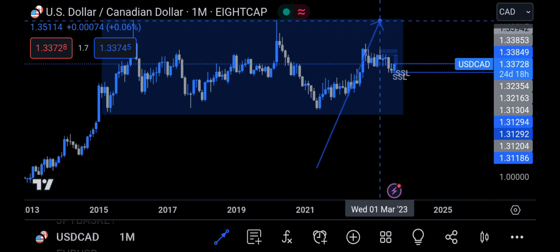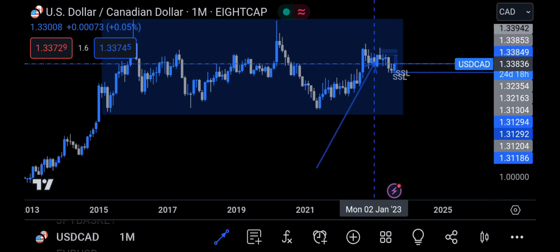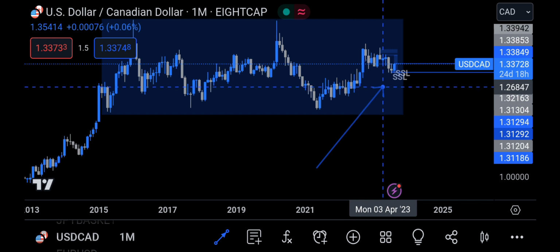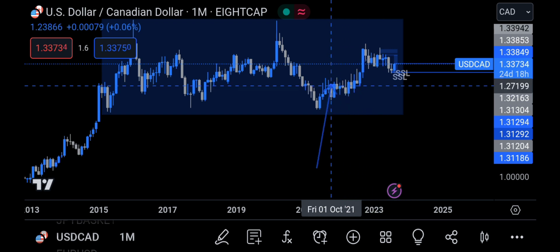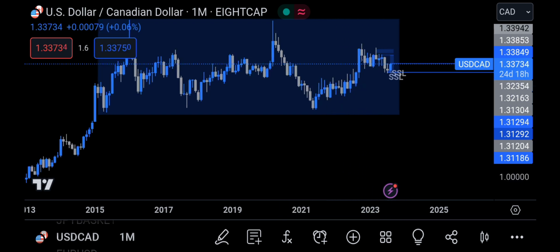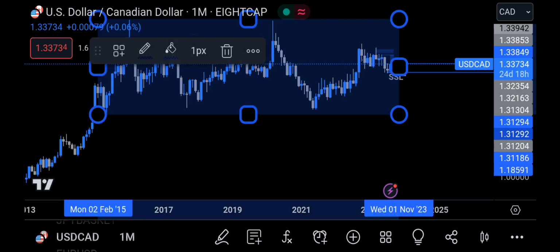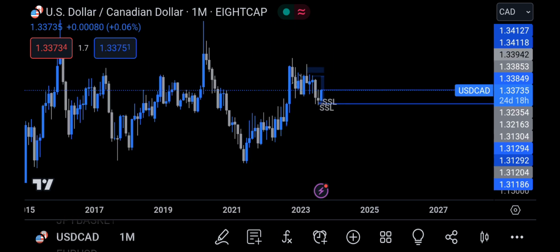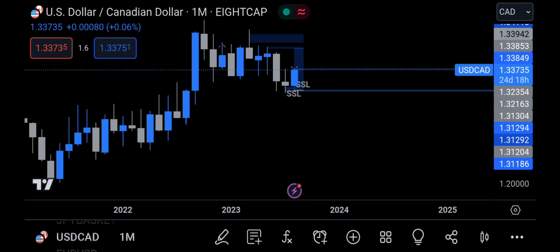So in monthly time frame, price is bullish. However, we'll look more into that, why price is bullish. So I'll take out this, then we'll look at market structure very well.